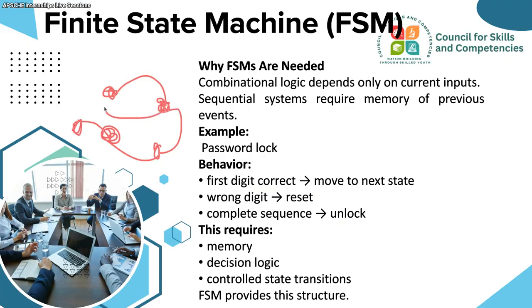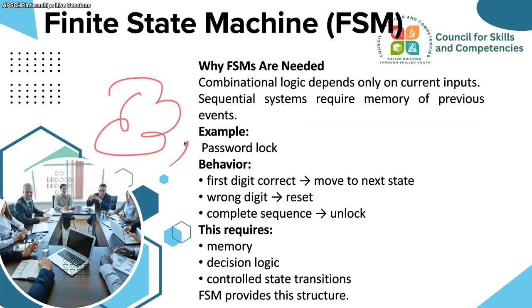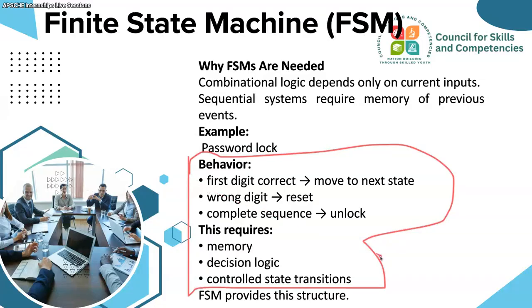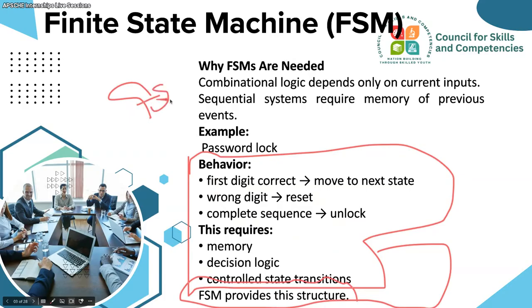If something happens, it will go for a reset. So we have a state. To hold the state, we need memory, decision logic, and controlled state transitions. To implement this behavior, please try to understand, the finite state machine provides a structure.